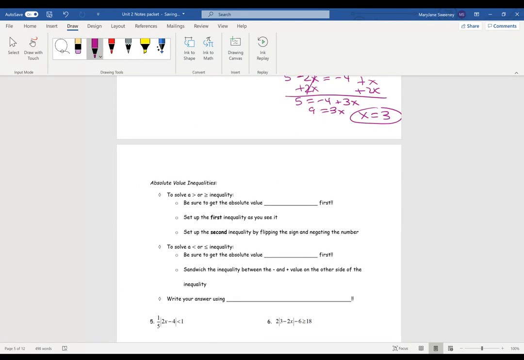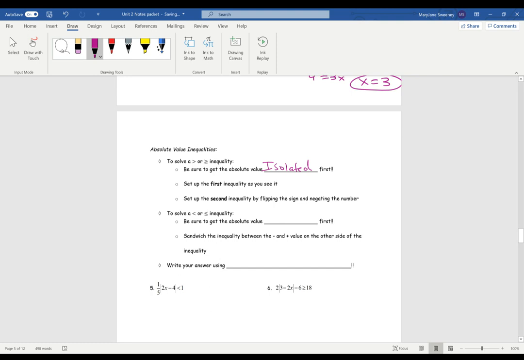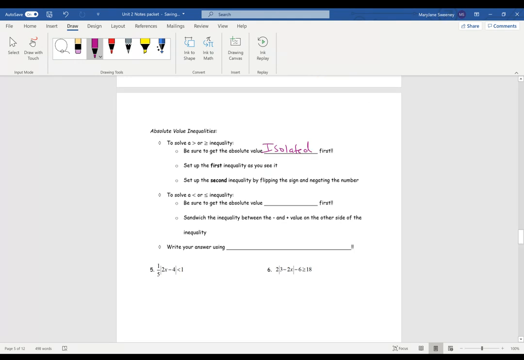Now, when we're doing absolute value inequalities, we still want to make sure we get the absolute value isolated first. Now, they say if it's greater than or equal to, you're going to set up the first inequality as you see it. The second, you're going to flip the inequality sign and negate the number.